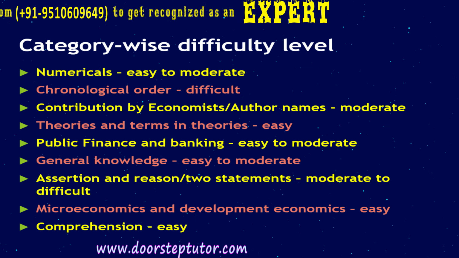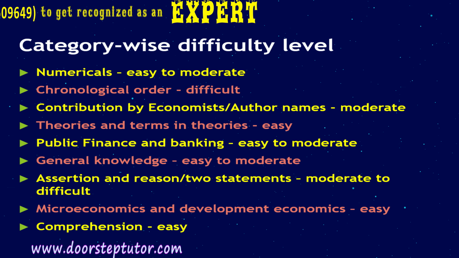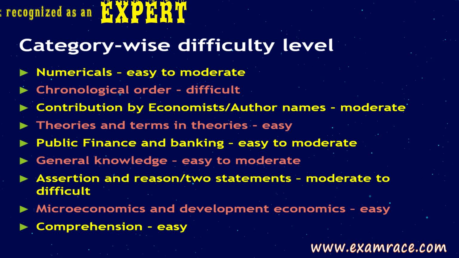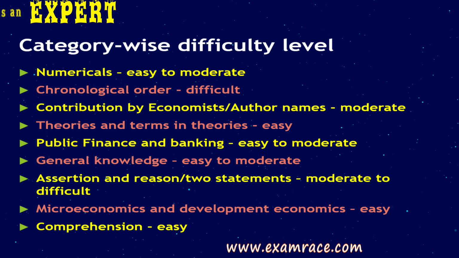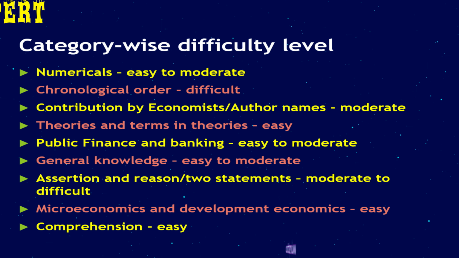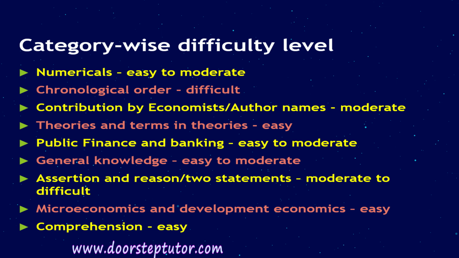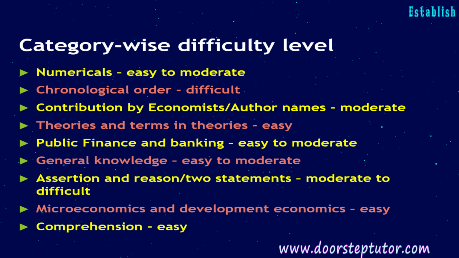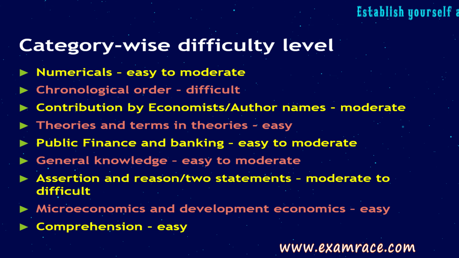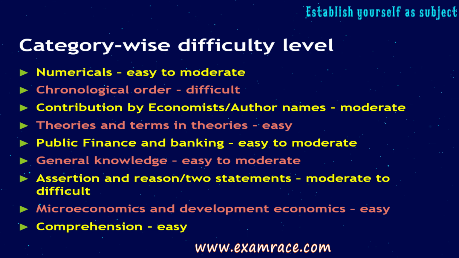Then next was public finance and banking. There were a lot of questions asked from this particular section. Various deficit types, primary deficit, revenue deficit, all of these. So you had to match the definition with the terms.